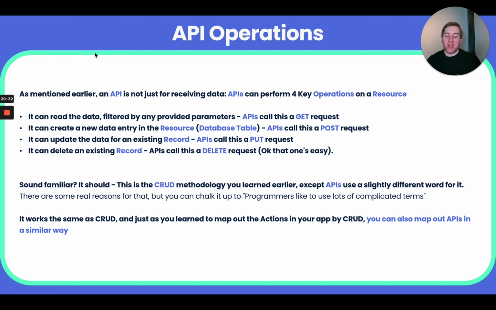In the same way that you can quickly map out what an app can do with CRUD, you're quickly going to be able to make sense of APIs, because APIs are just mapping out CRUD on top of the database tables that they expose. So when you put them both together, instead of being confusing, I personally think it gets really, really easy, because you start to see a lot of the similarities between API operations and CRUD.